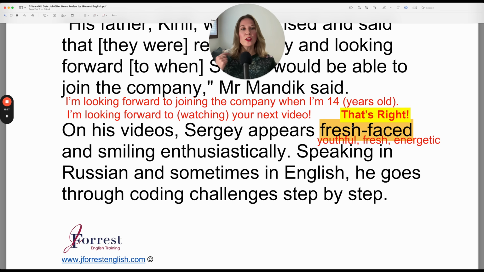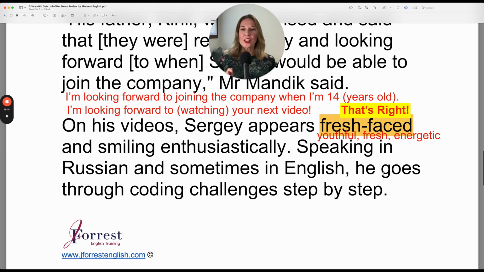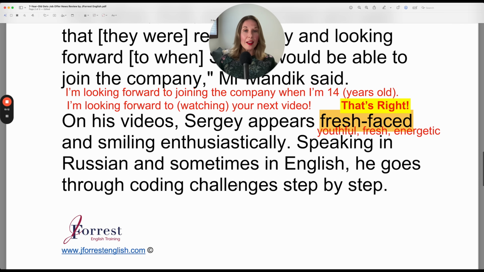So he appears fresh-faced and smiling enthusiastically, speaking in Russian and sometimes in English as a 7-year-old, very talented. Sometimes in English, he goes through coding challenges step by step. Step by step.